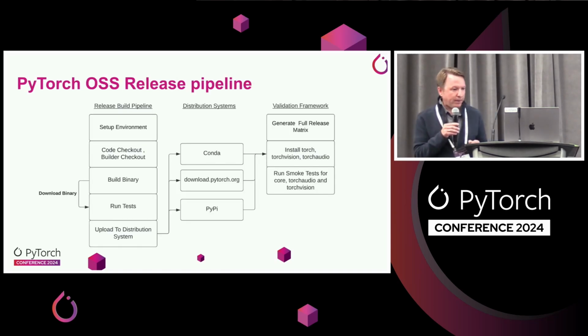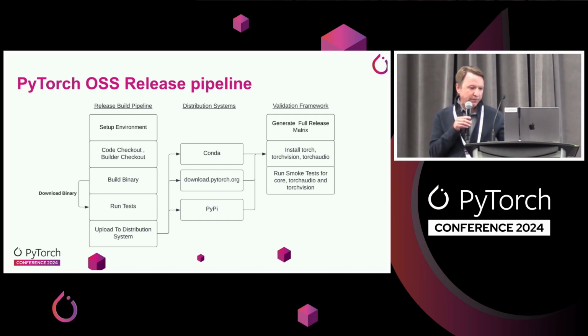This is our release pipeline. It's built on GitHub Actions. The same pipeline is used for the nightly builds; we just modified it slightly to produce release binaries. And it's very straightforward. The graph goes from left to right.